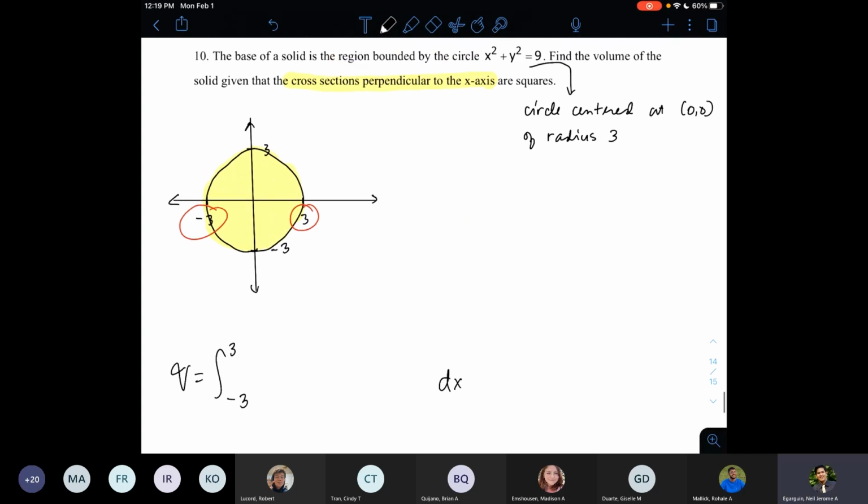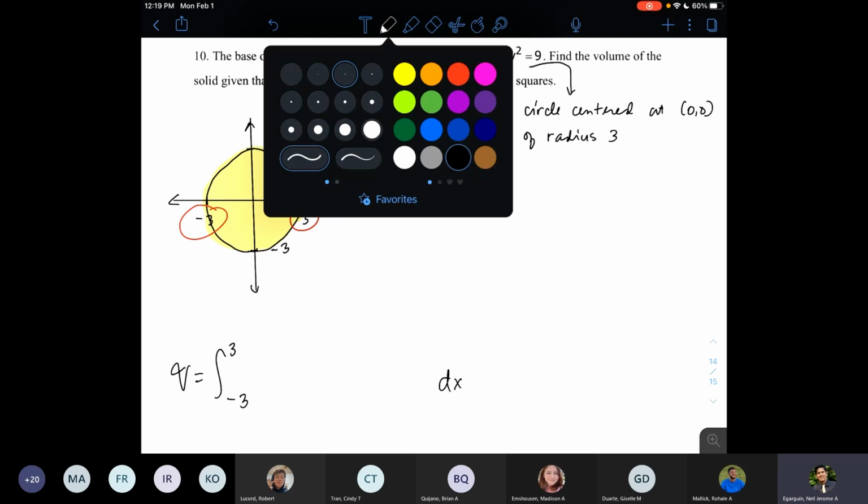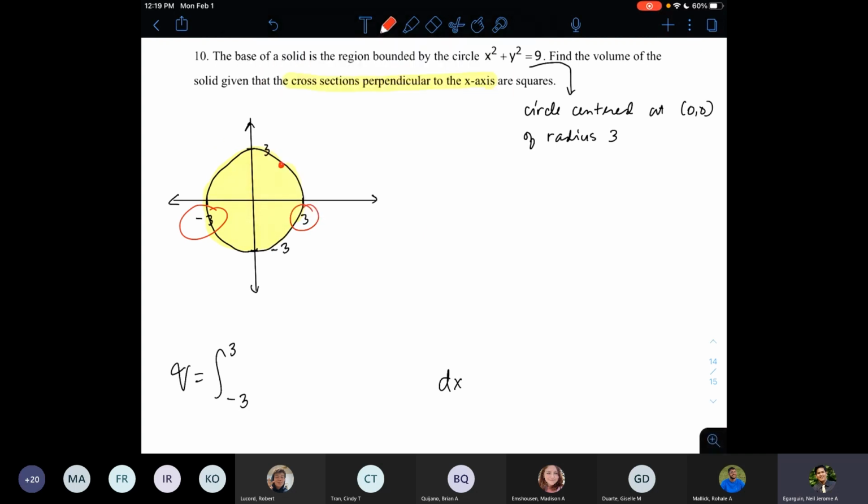And then the cross sections are squares. So here I will have a vertical strip because I'm integrating with respect to x, and that vertical strip will correspond to a square that sticks out of the screen. Okay, so basically that's how the cross sections look like. So they are squares that are sticking out of the screen that is drawn on top of this circle.